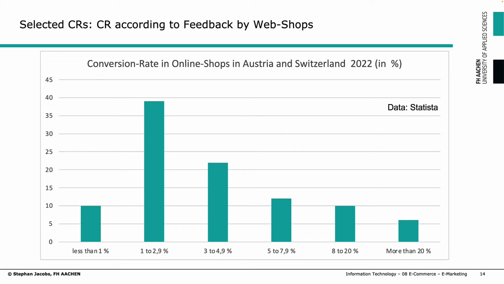Up to 40% of the asked web shops have answered that they have a CR of 1 to 2.9%. And a little more than 20% have answered that they have a conversion rate of 3 to 4.9%. So be careful with statistics like that, and ask what the real message is.